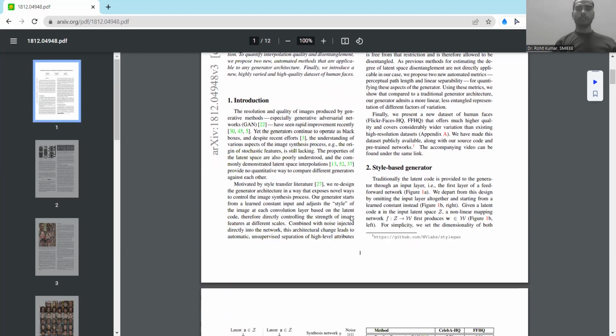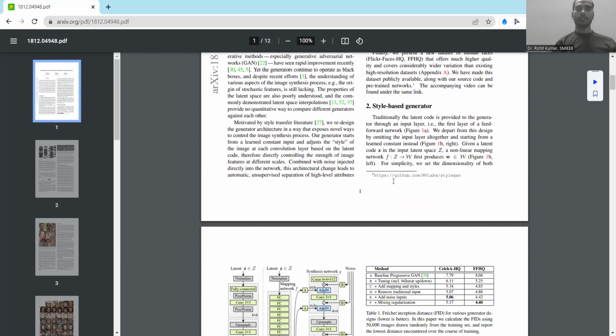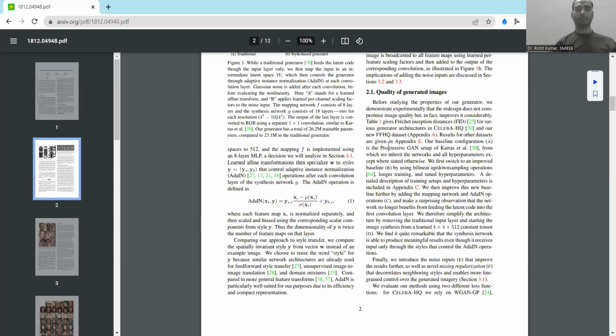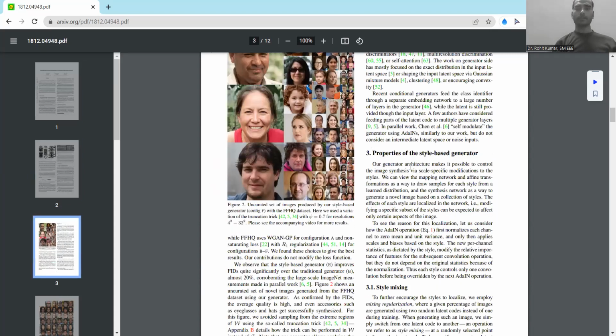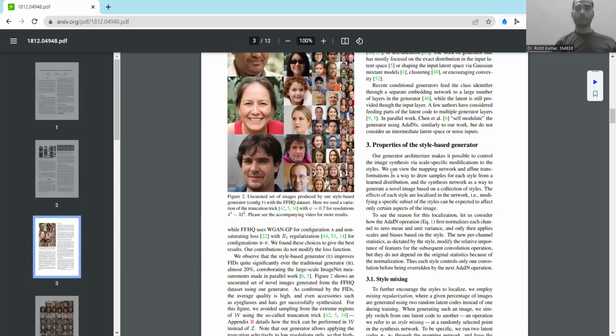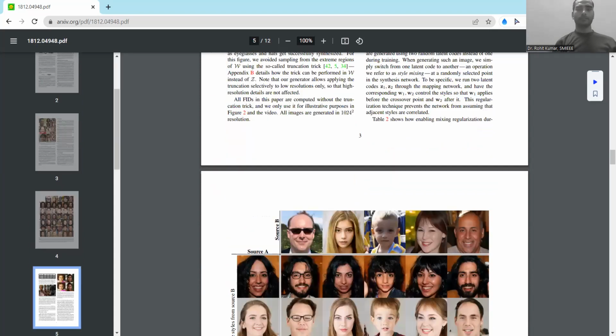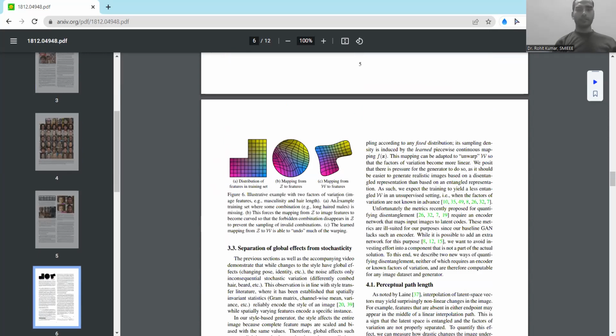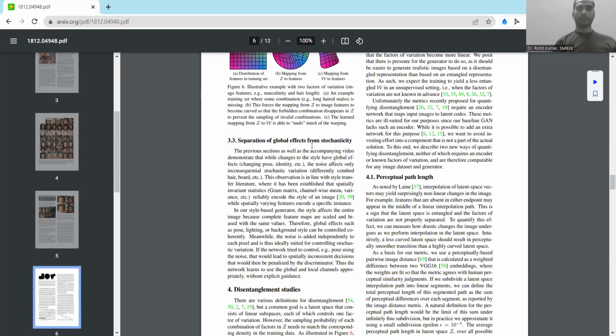If you move further, you can see that the style-based generator basic introduction they have covered over here. Then the quality of generated images they have targeted. Then finally, the style-based generator's properties in the form of style mixing. Then the stochastic variation. Finally, the separation of the global effects from the stochasticity they have discussed.